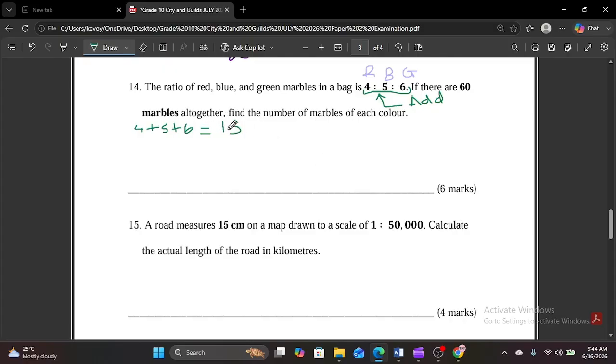What this 15 represents is that your 60 marbles are going to be shared into 15 equal groups.